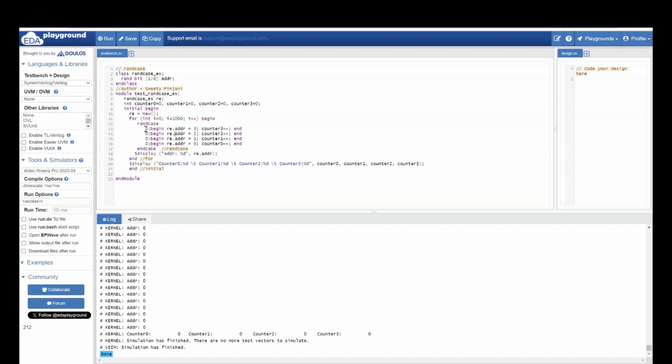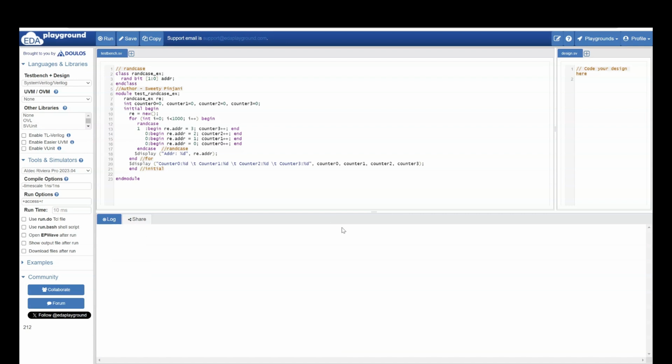Now let me do one thing. I am going to change the weights here. Say for this item, I am going to make weight equal to 1, just for one item. I have made weight equal to 1 for address 3.